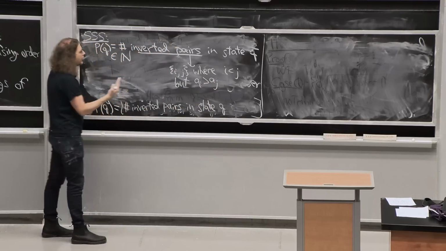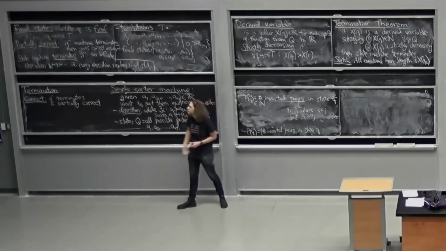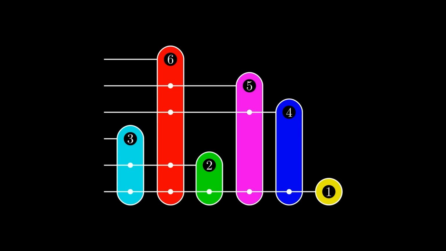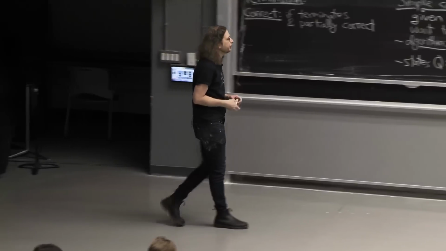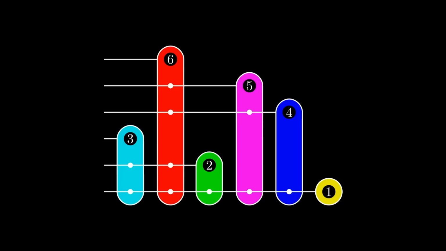So i and j here are indices into this sequence. In this example, let's say 6, 2 is inverted, because 6 is to the left of 2, but 6 is greater than 2, and that's the opposite of what we want. But also 6, 1 is inverted. It's not just adjacent pairs, all of the pairs. So there's a bunch of pairs here. How many? It's exactly the number of dots in this diagram.